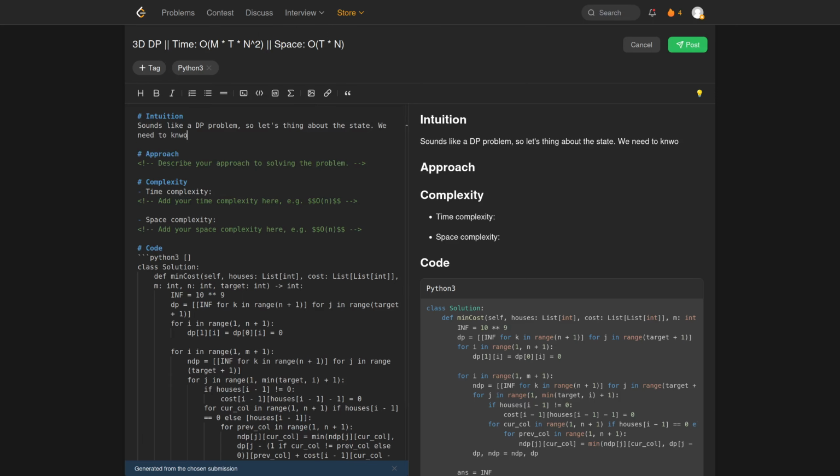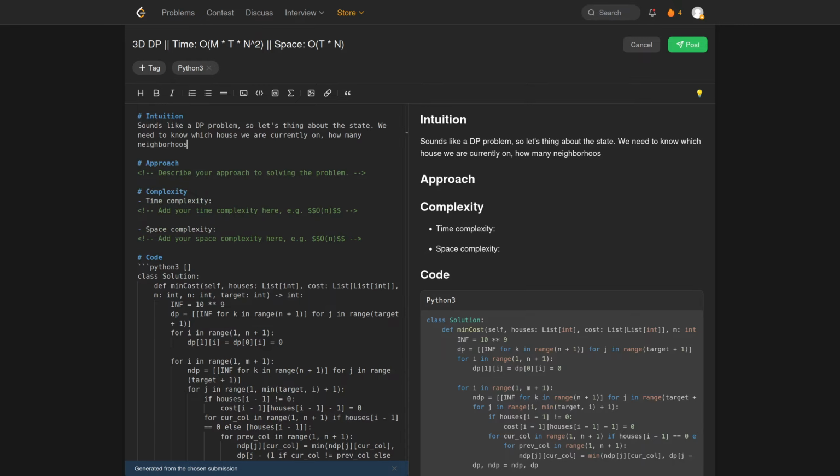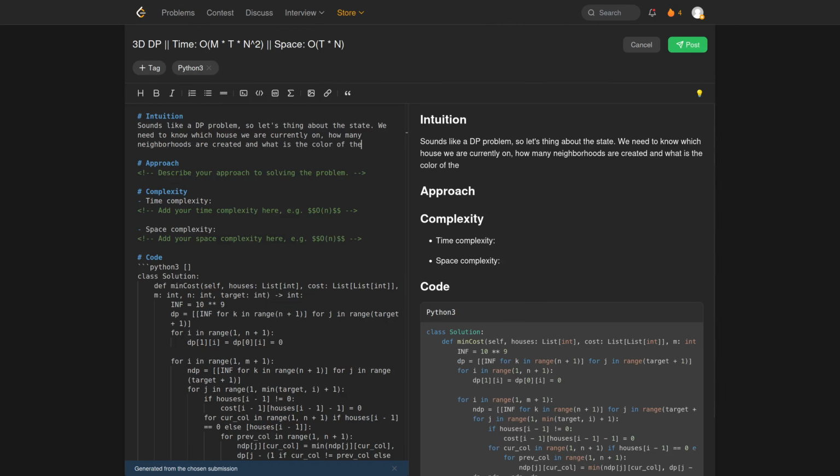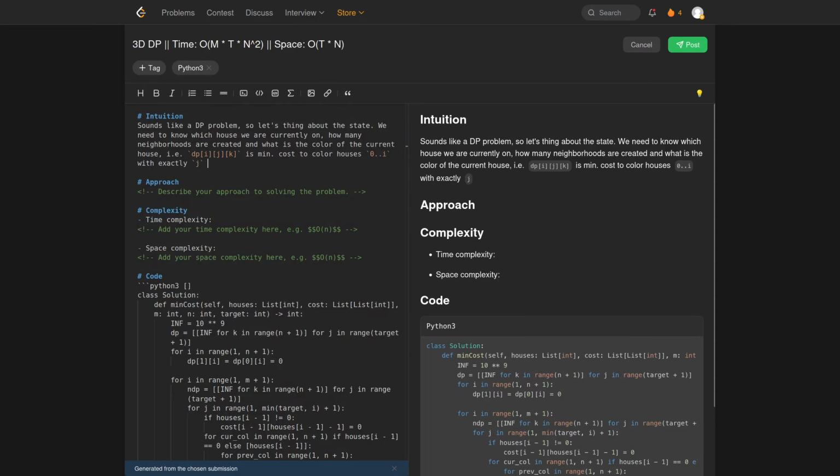We need to know which house we are currently on, how many neighborhoods are created, and what is the color of the current house, i.e. dp[i][j][k] is the min cost to color houses 0 to i with exactly j neighborhoods with house i having color k.